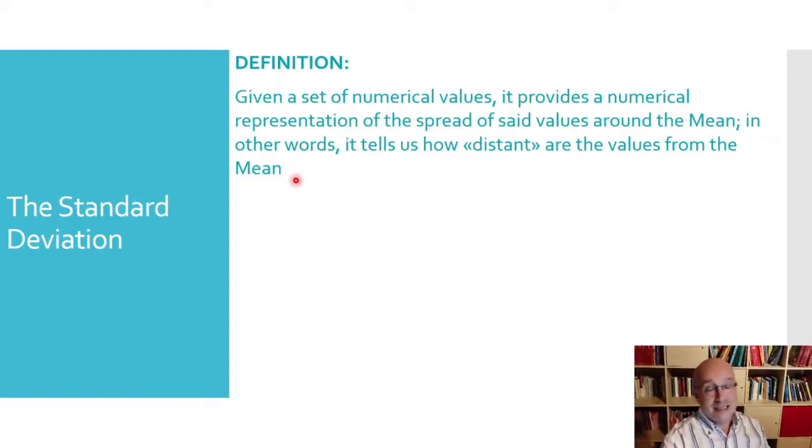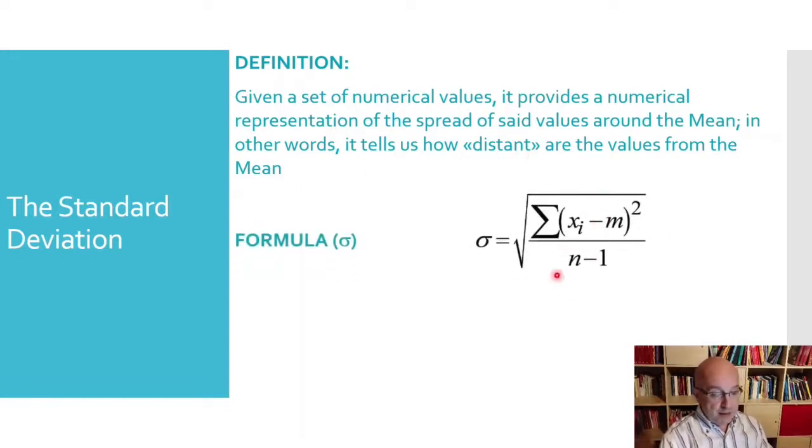The standard deviation is a number, and a low value of the standard deviation means that all of the numbers of the distribution are close to the mean, and there are no values or only few values distant from the value of the mean, while a high value of the standard deviation means a huge spread of data around the mean. So I have values very far from the mean on the right of the mean, so higher than the mean, and on the left side of the mean, so lower than the mean.